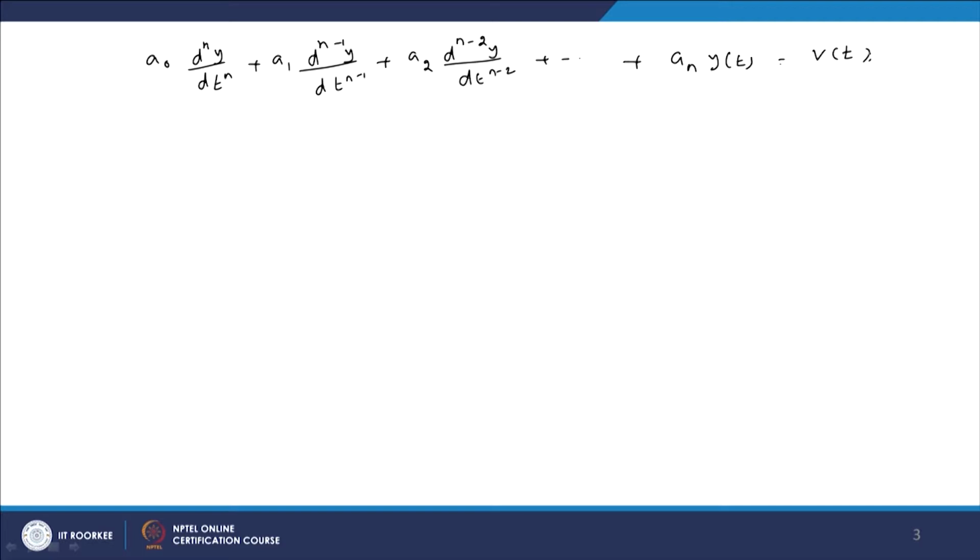So, it is an nth order differential equation with constant coefficients, here the a i are constants.